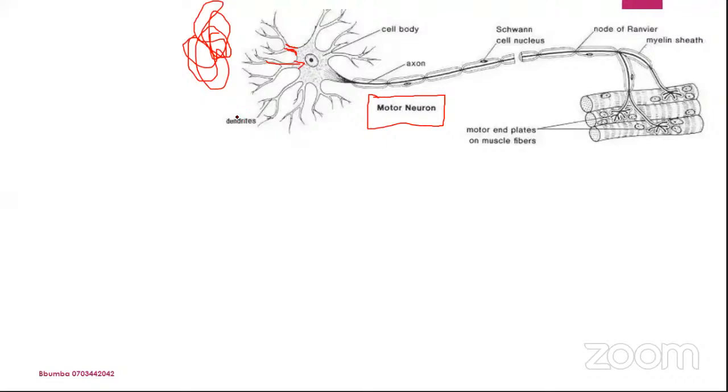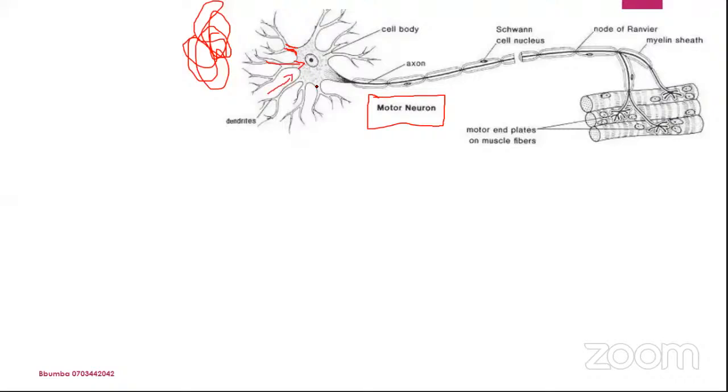Now, I want you to listen to me carefully for each part, because for each part, I'm telling you the function. I hope you're listening. For each part I identify, I'm telling you what it does. Now, these dendrites collect impulses and transmit them towards the cell body.